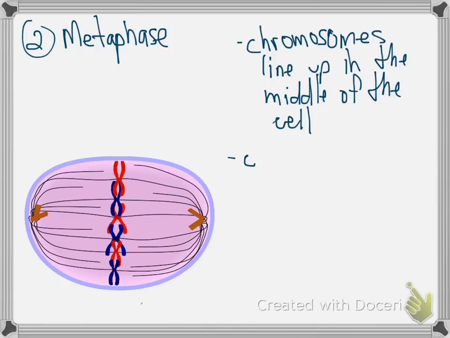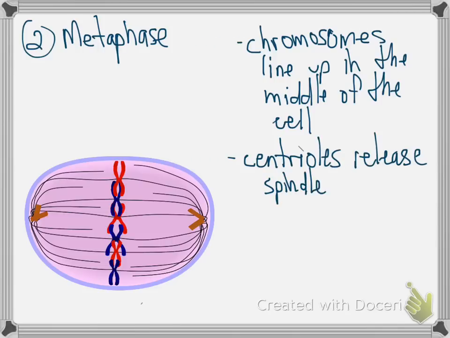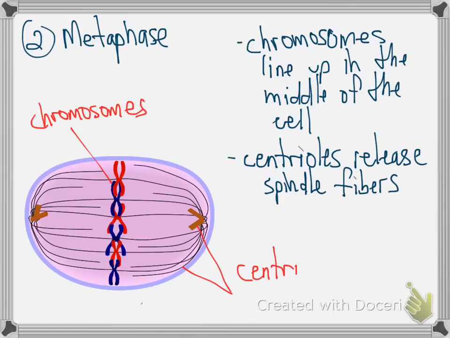You notice that those spindle fibers have reached out and are connecting to those chromosomes. It's like a spider web. They reach out, they grab onto the chromatids of the chromosomes, and they're getting ready to pull them apart.